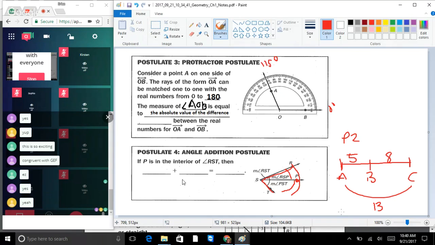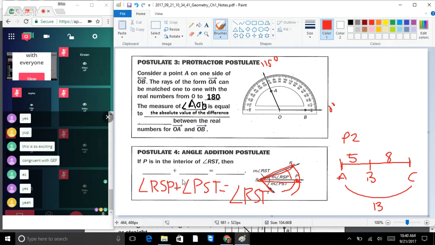So the fill-in would be, if you have angle RSP plus angle PST, so that's RSP plus angle PST, and you add two angles together, guess what? You get the whole angle. You get angle RST.